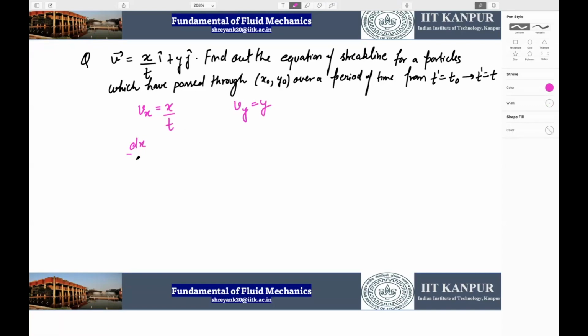So dx by dt is equal to x by t, and ln x is equal to ln t plus ln c, so x is equal to c t.